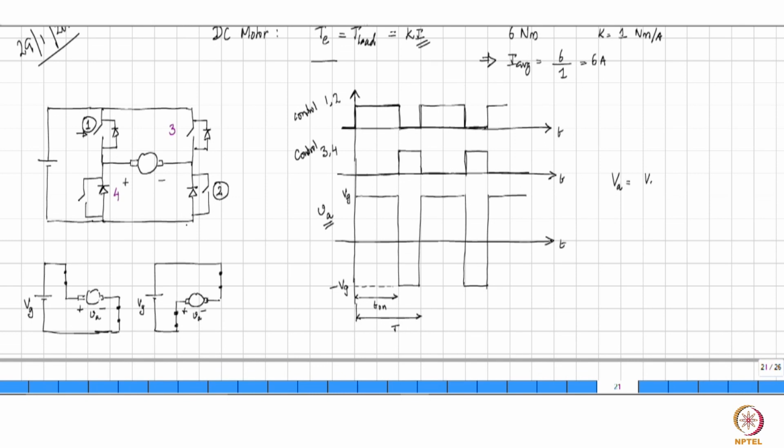This waveform is given by Vg into T on minus Vg into T off divided by capital T. We are just taking the area of the graph, which is Vg into T on minus Vg into capital T minus T on divided by capital T, which is 2 times Vg into T on minus Vg into T divided by capital T, which is equal to Vg into 2 times duty ratio minus 1, where duty ratio is T on by T.